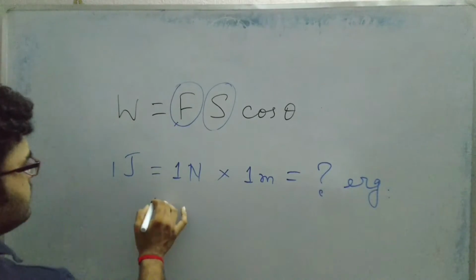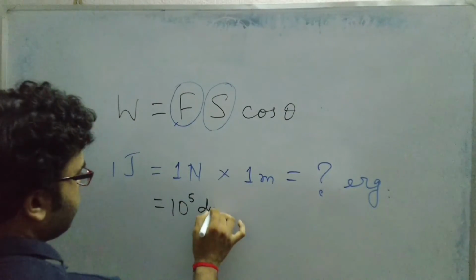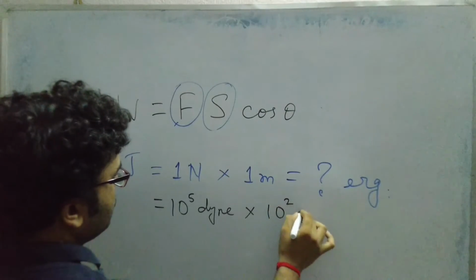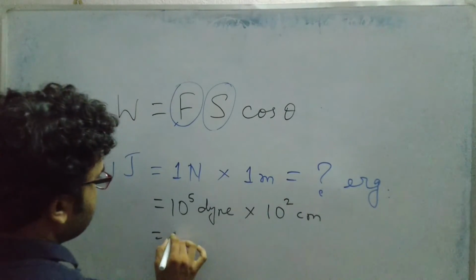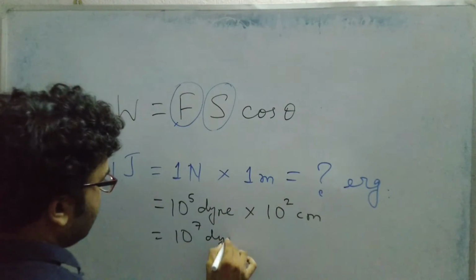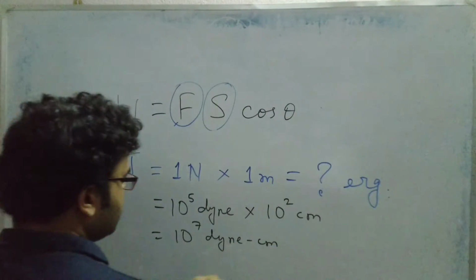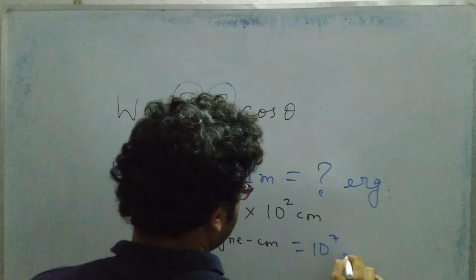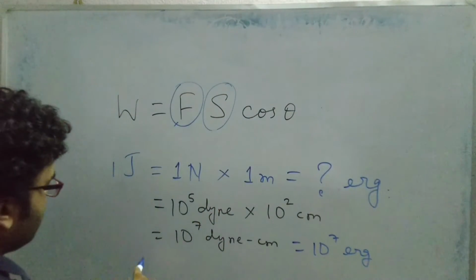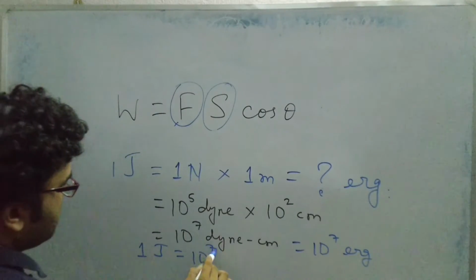See, 1 Newton, as you have learned previously, is equal to 10 to the power 5 dyne, and 1 meter is 10 to the power 2 centimeter. So combining this 10 to the power 5 and 10 to the power 2, if you multiply, we get 10 to the power 7 dyne centimeter, which is nothing but erg. So 1 joule is equal to 10 to the power 7 erg.